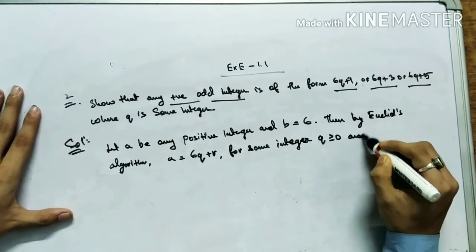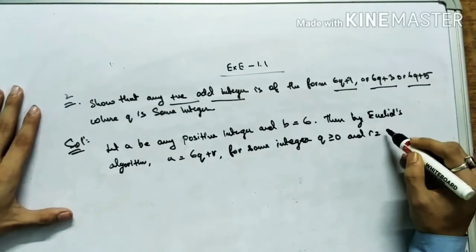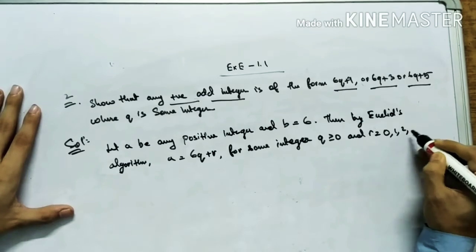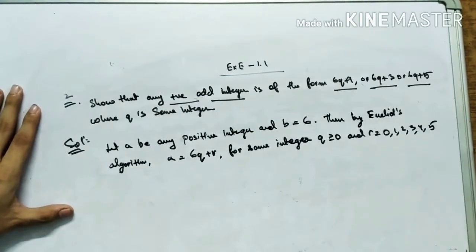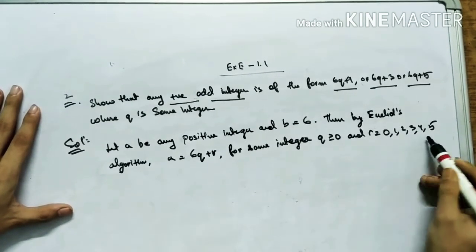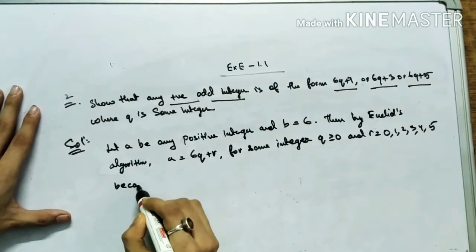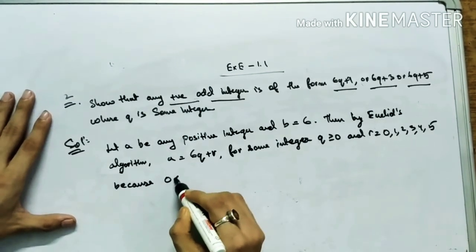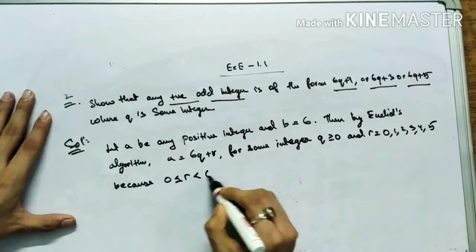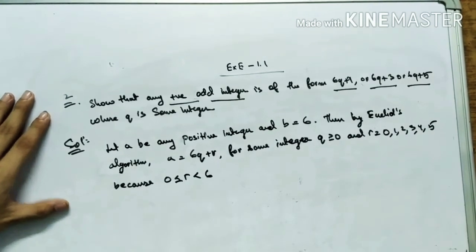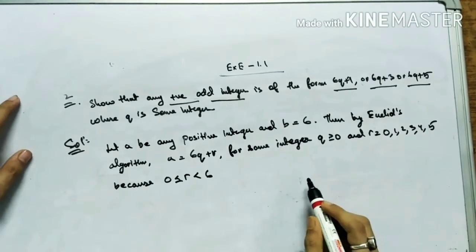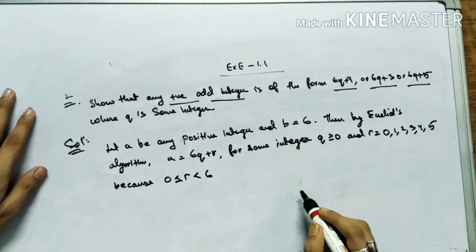And r will be 0, 1, 2, 3, 4, 5, because r is greater than or equal to 0 and less than 6. First of all you will have to write this one.